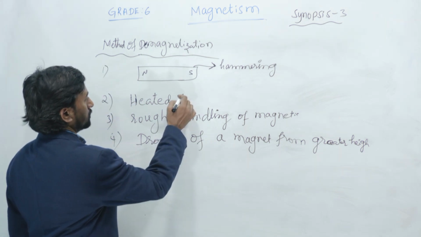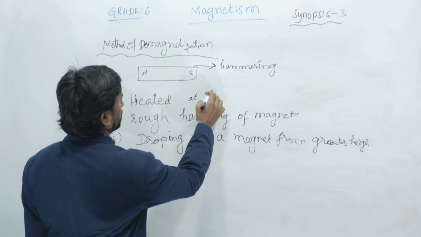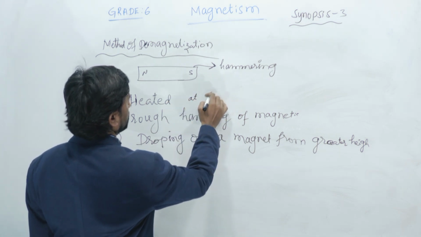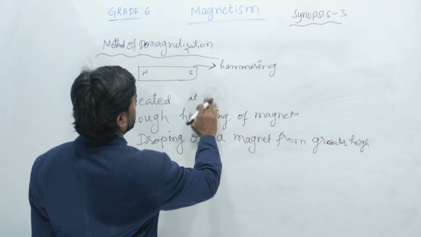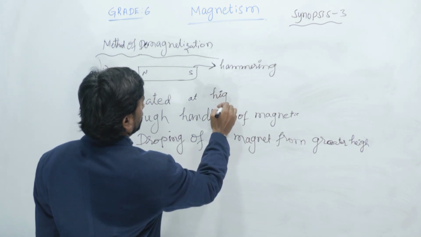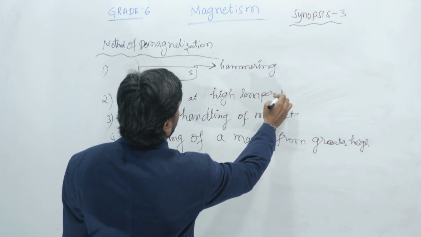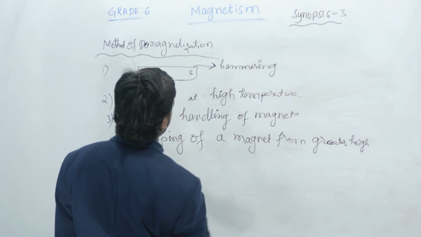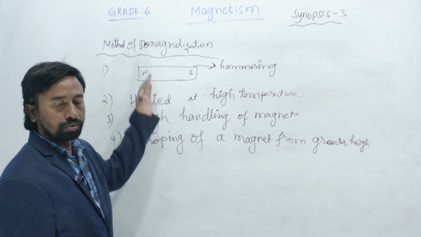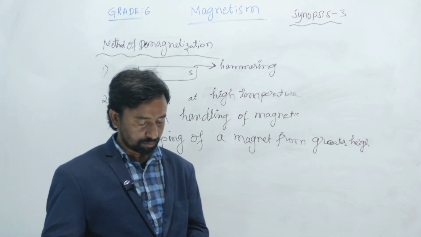And heating: if it is heated to a high temperature, the magnetic nature will be lost from that magnet. So these are the methods to demagnetize the magnetic properties.